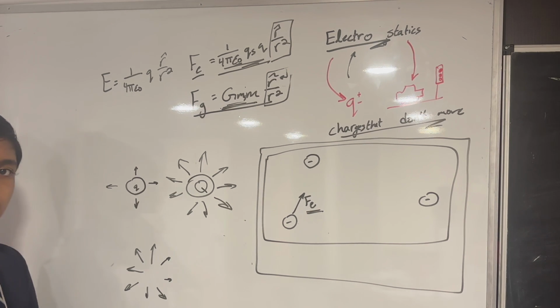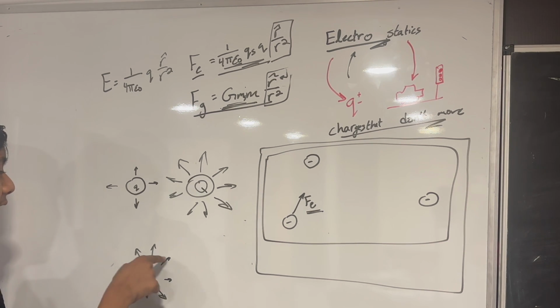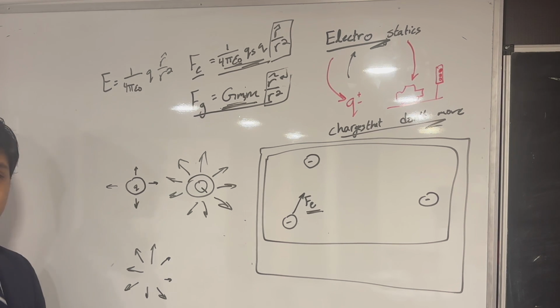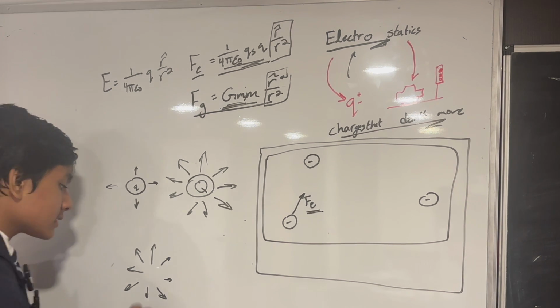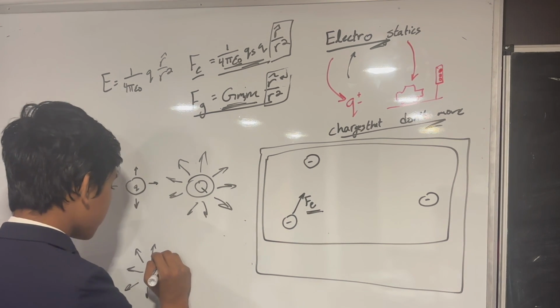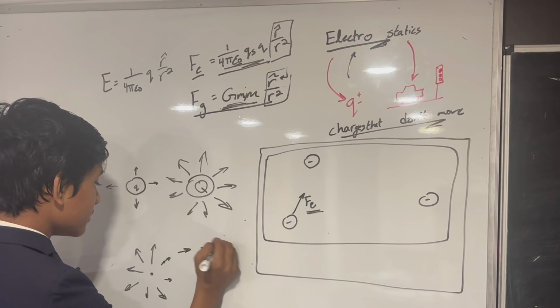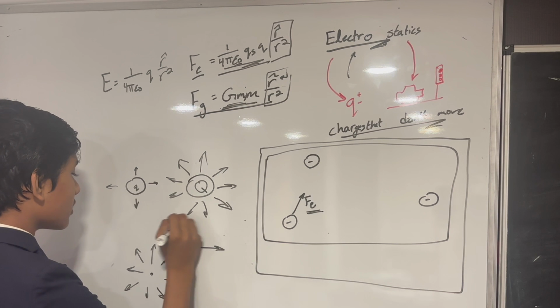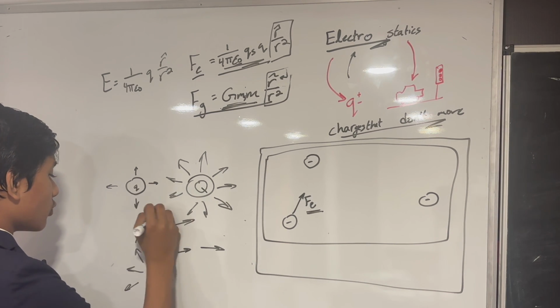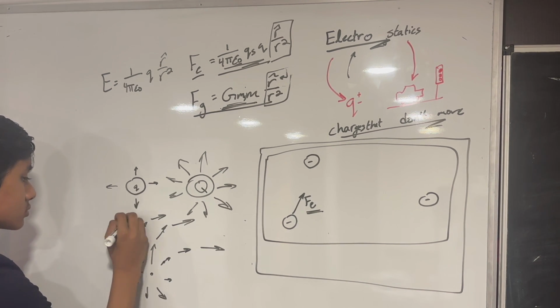So we only draw a finite amount of vectors that are equally spaced. It's kind of an approximation of the field to show you its general feel, where it wants to go.